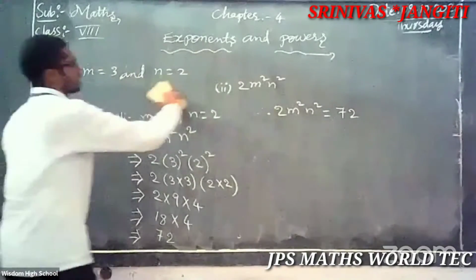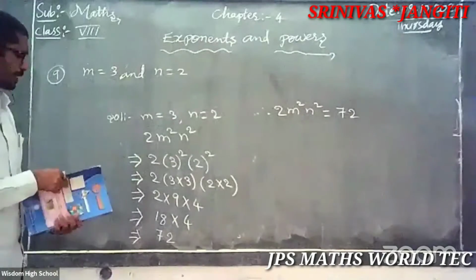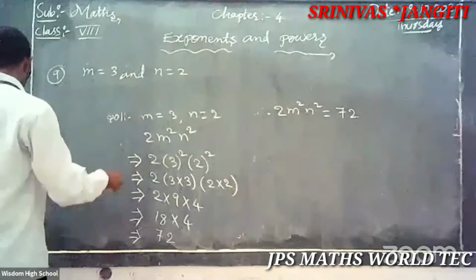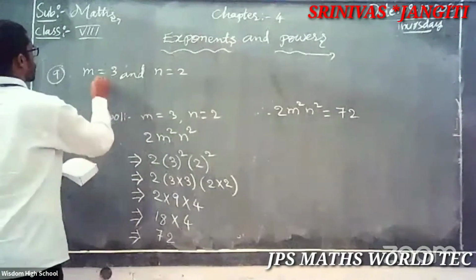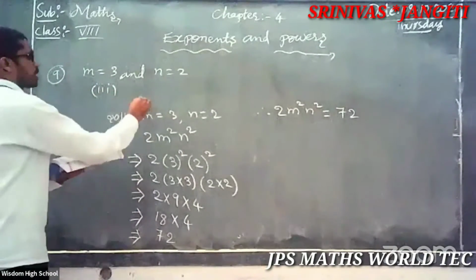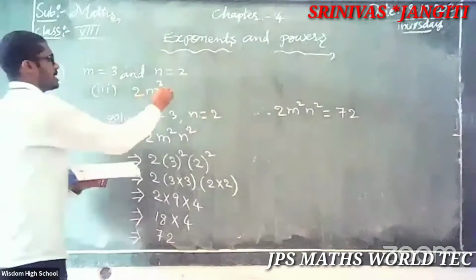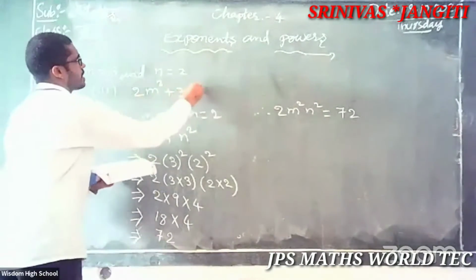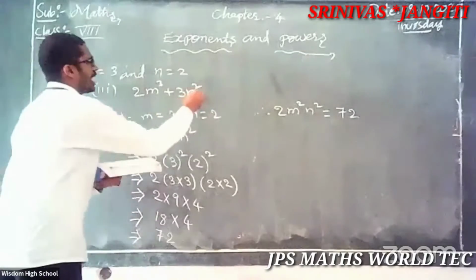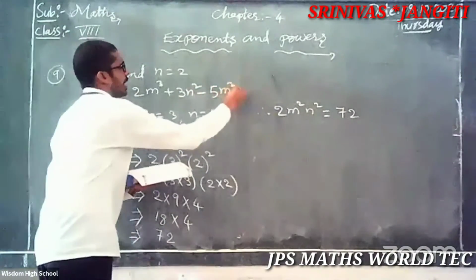The third one, in the 9th. So simple. Come on, note down. The problem number 3 given here, observe: 2m cube plus 3n square minus 5m square n.